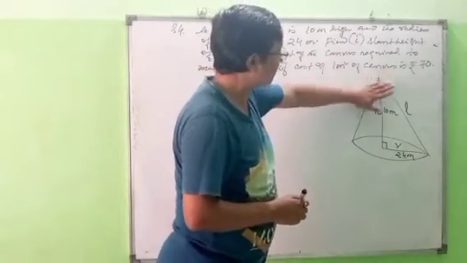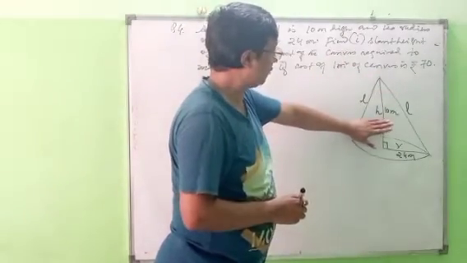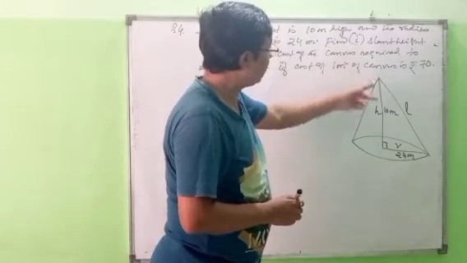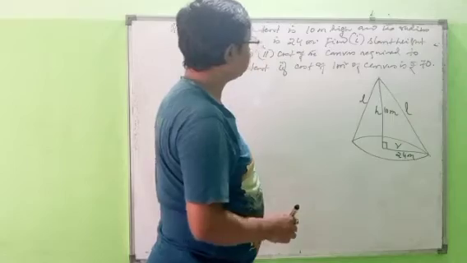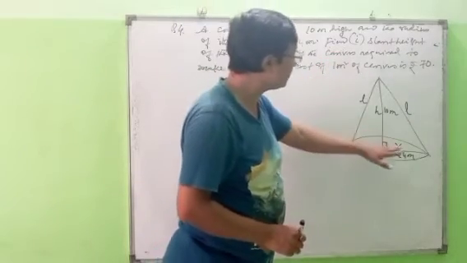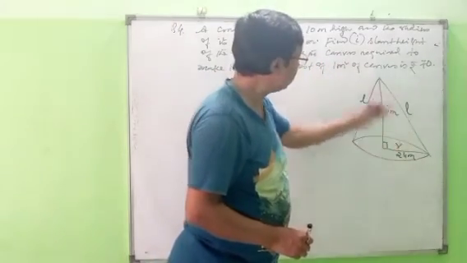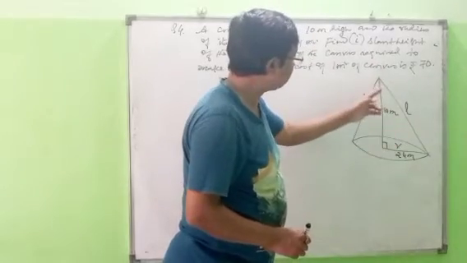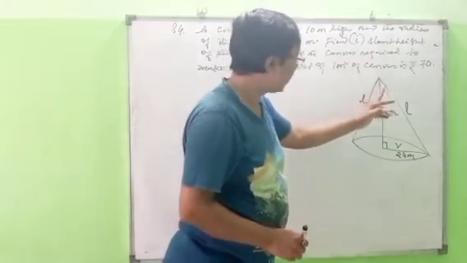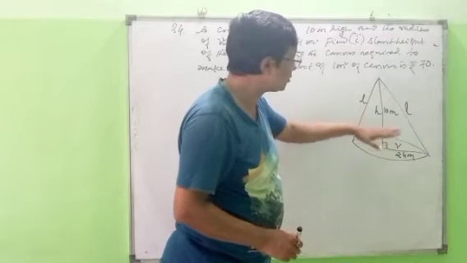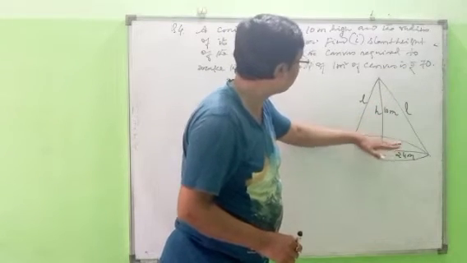The tent is made with canvas cloth. So now how much area of canvas is used? The canvas cloth they have not used on the base because they have made the tent only. So you are going to find out only the curved surface area, not the base.